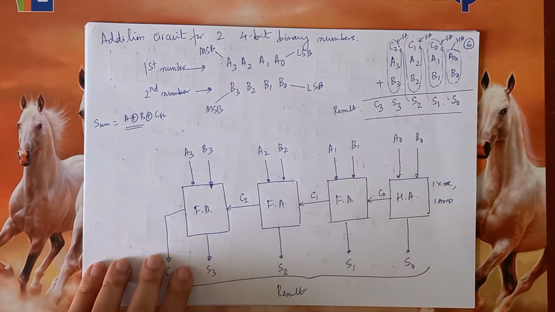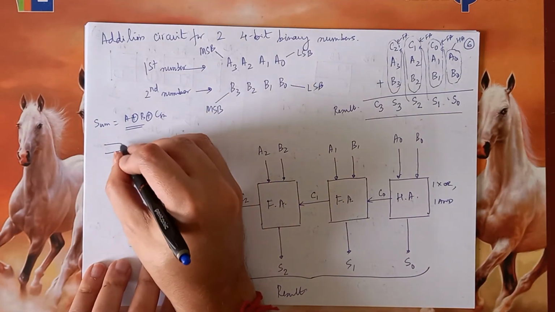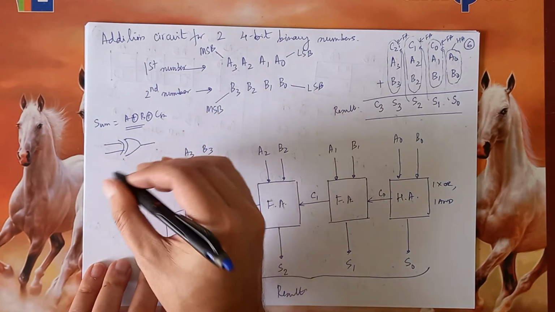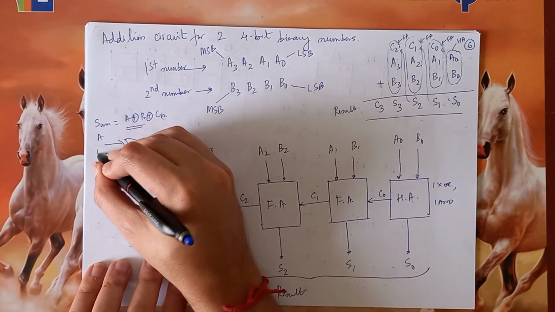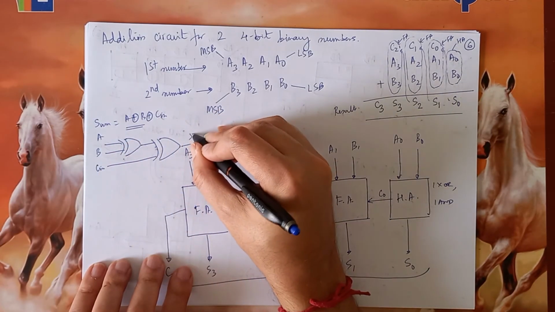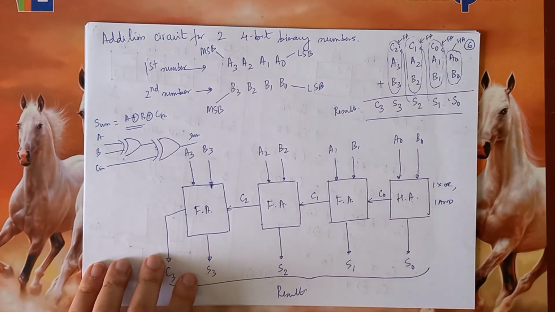We will need 2 XOR gates, which will look like this. Suppose let's try to standardize. This is A, B and C in, and this is sum. Let us say we are making a bill of materials with 2 input gates only.